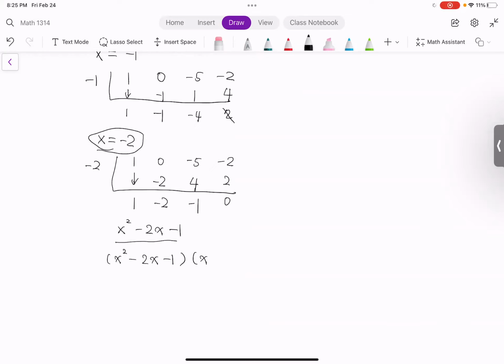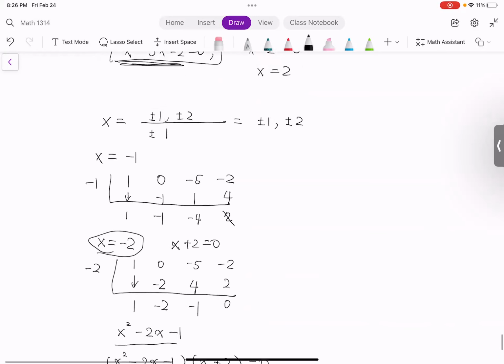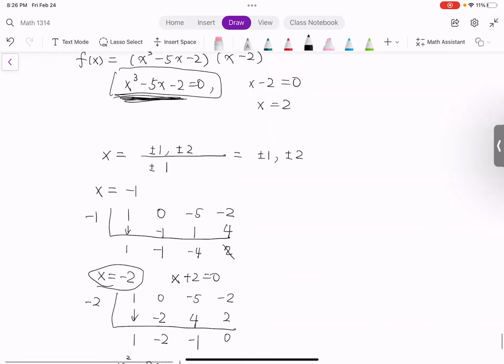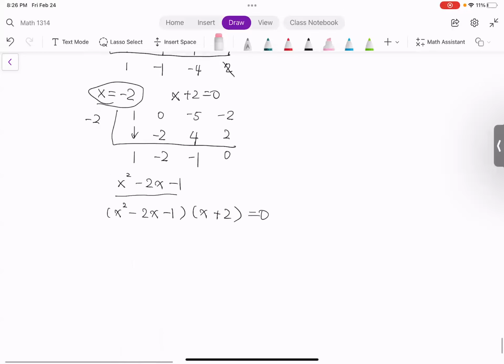I didn't convert it to the divisor form. So x plus 2, okay, we say this one equal to 0. That's the factored form of this. So let's solve this one. We have two factors. So first factor equal to 0, and second factor equal to 0.